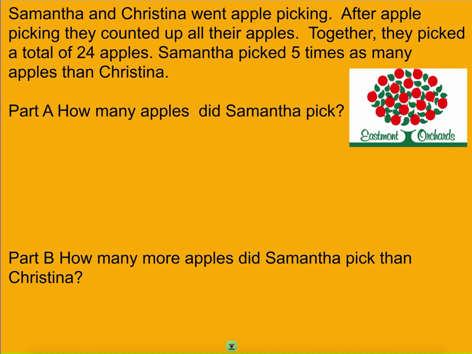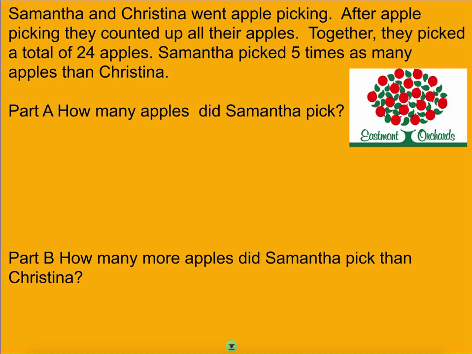All right, so since this is a two-part question, obviously I can't answer part B yet. I have to work with part A. But before I even can answer part A, I must get my problem started by asking what is actually being compared. Since we are talking about apple picking, they counted up all their apples, so we're comparing Samantha's apples that she has picked and Christina's.